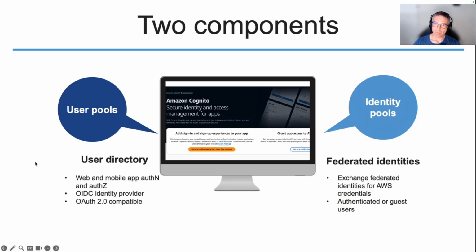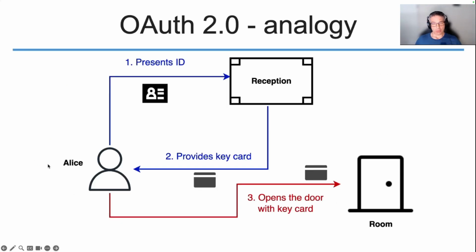Now this talk will focus on user pools only. I mentioned that Cognito user pools is an OAuth 2.0 and OpenID Connect compatible service. Let's see what that means and how it works.